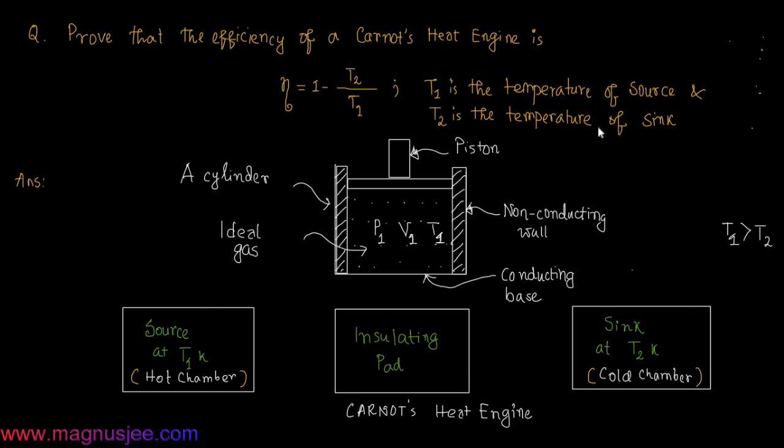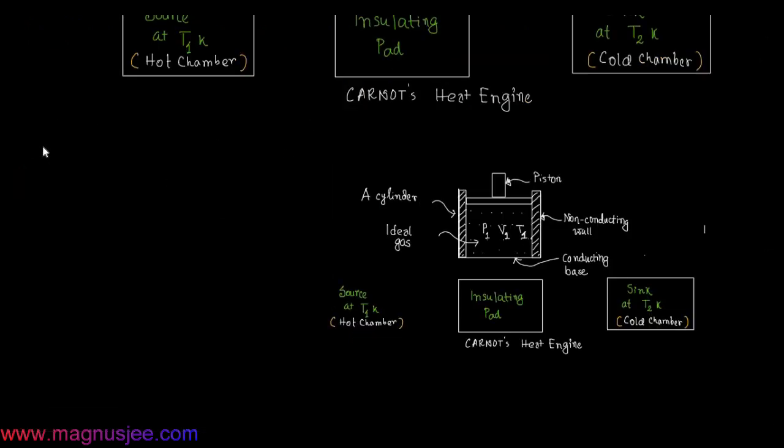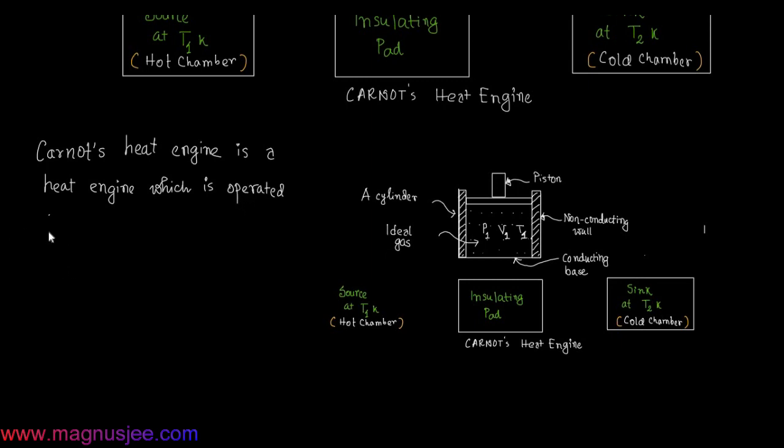Now we have to define Carnot's heat engine. What is Carnot's heat engine? Carnot's heat engine is a heat engine which is operated through a Carnot cycle, and this Carnot cycle consists of 4 stages.